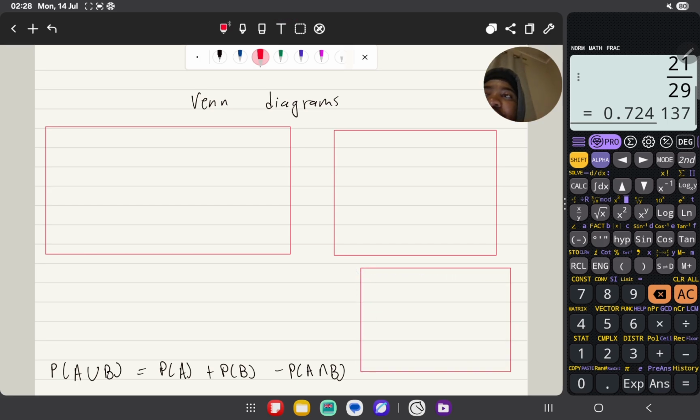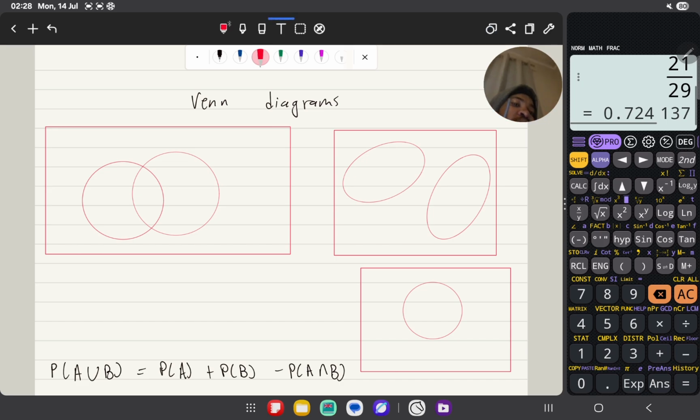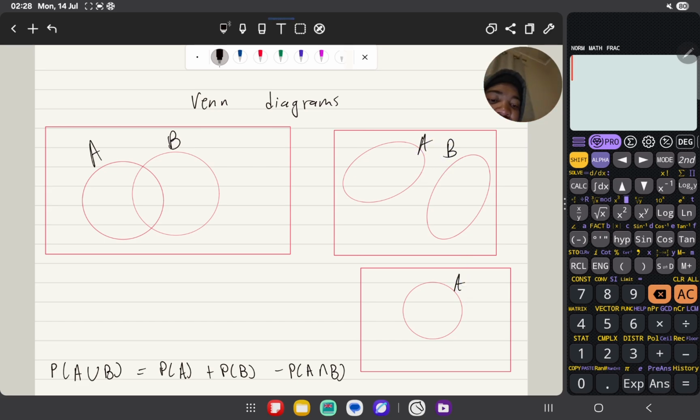And usually you would have a couple of events, say event A and B. I would do this, and this, and this. This is what a Venn diagram looks like, and you can call your events A and B.